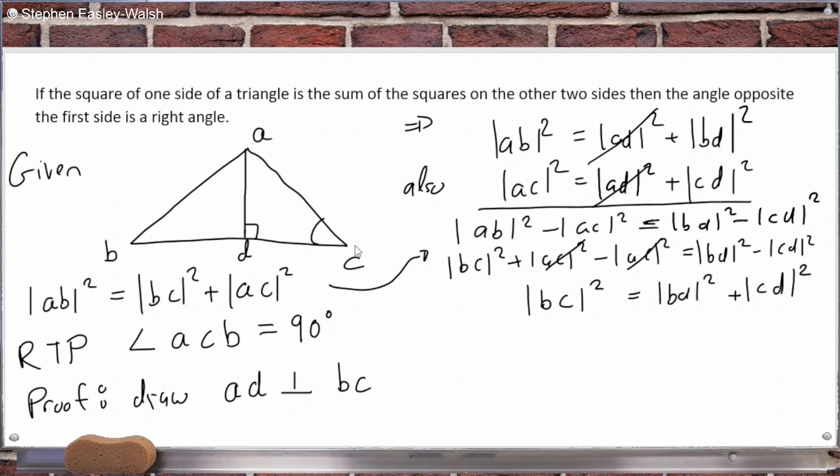Isn't that right? BC squared, that length there, squared, equals this length here squared plus this length here squared. Now, that's not possible unless CD is 0.